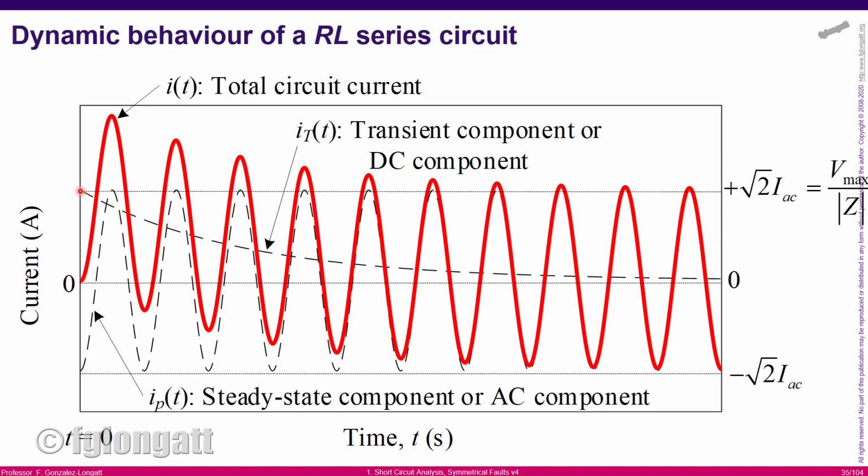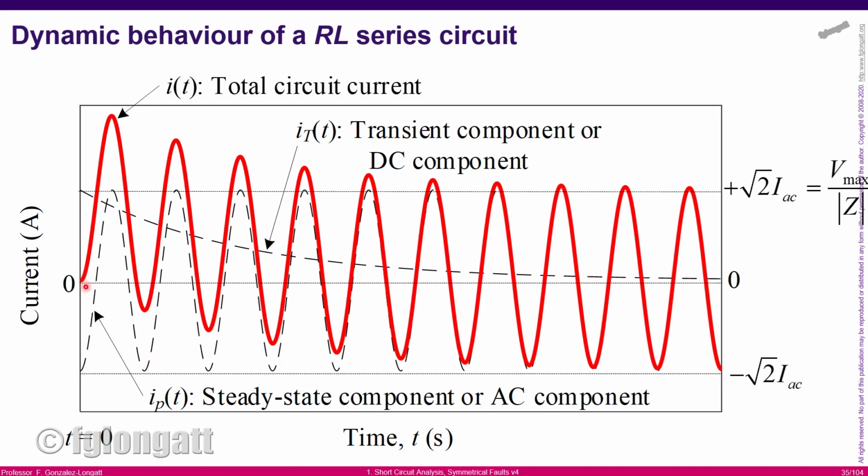I believe you can see that the DC component is positive, the AC component is negative. When you sum both of them, you will get zero. What I'm trying to say is the DC component is a consequence of the instantaneous voltage when you close the circuit breaker, which defines the instantaneous AC component.